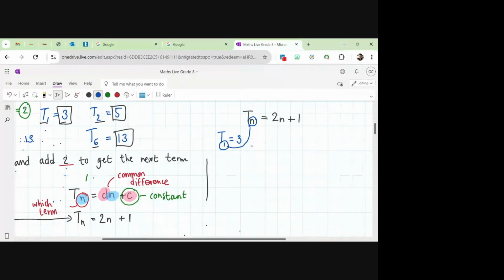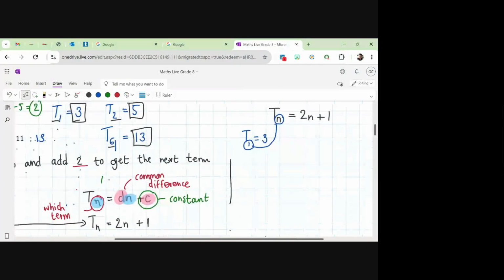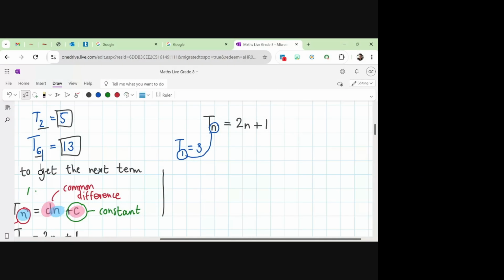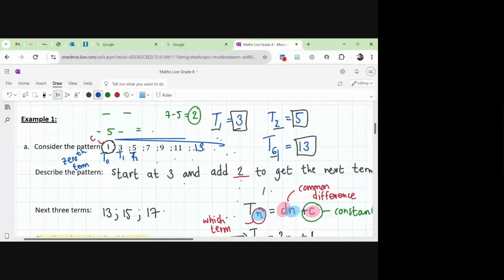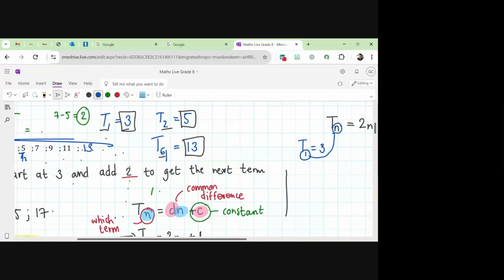Right, so I'm going to go T1. Oh, I don't know what happened there. I need my screen to move. My screen is doing really funny things today. Okay, there we go. I don't know what I've done to upset the stylus gods, but hopefully they will hear my plea and allow me to do my work.